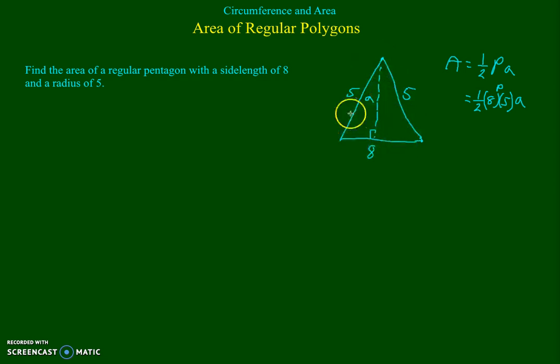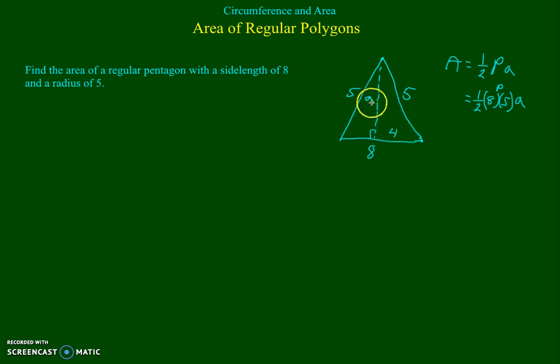Now, the fact that this is an isosceles triangle now comes into play. Because this is an isosceles triangle and the apothem is an altitude to an isosceles triangle, you'll remember that the altitude to an isosceles triangle is the perpendicular bisector of the side of that triangle. So if this whole side is 8, then that makes this piece 4. And if this is 4, we now have this leg is 4. The hypotenuse of this right triangle is 5.